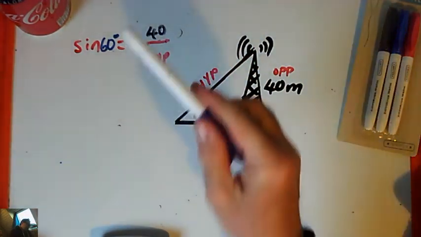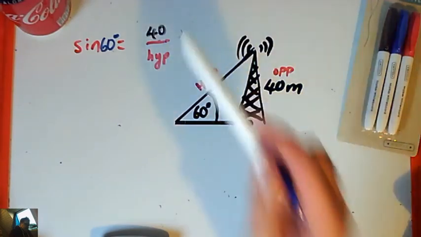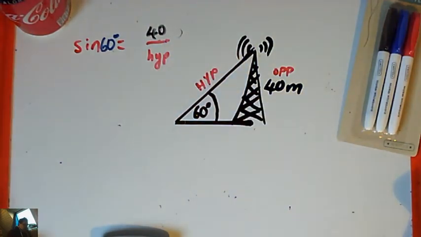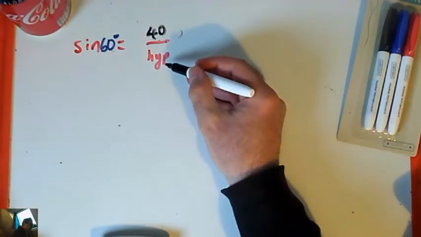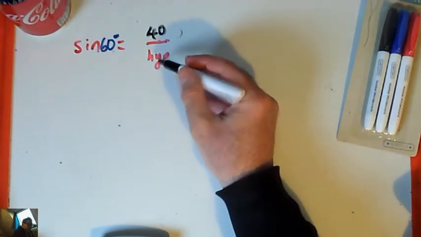So because the unknown thing is at the bottom of a fraction, that's going to take us an extra little step to work things out. I'll just get rid of my diagram here to give me more space. So I'm going to multiply both sides by the hypotenuse to get rid of the fraction. So that's a degree sign, by the way.